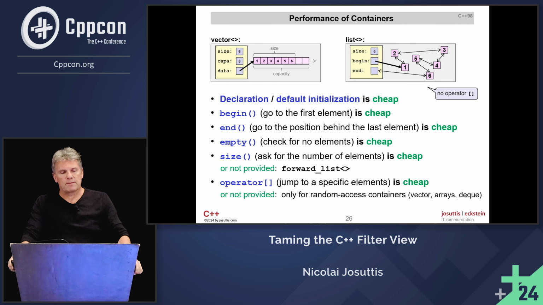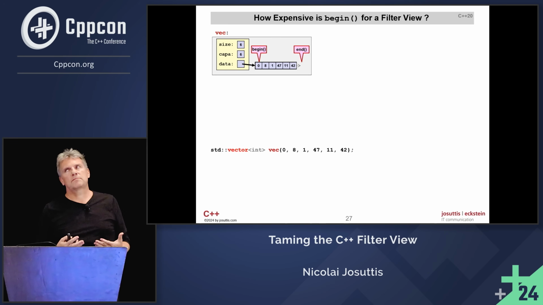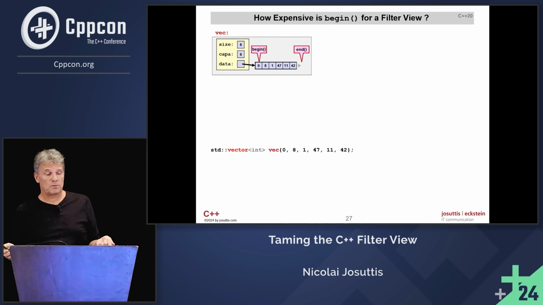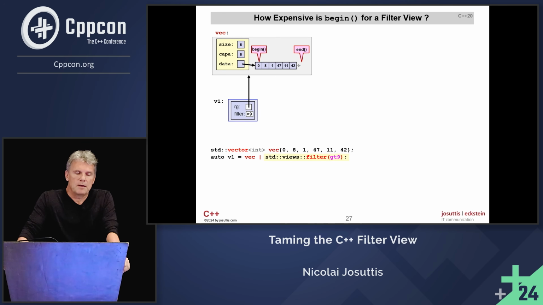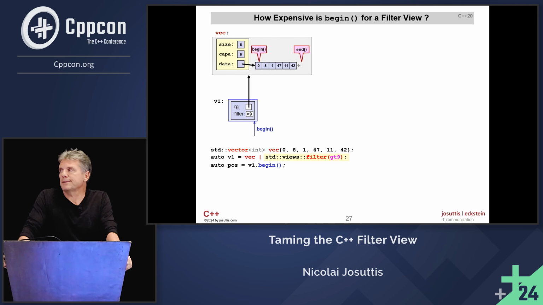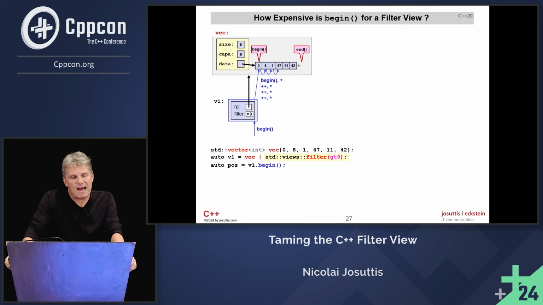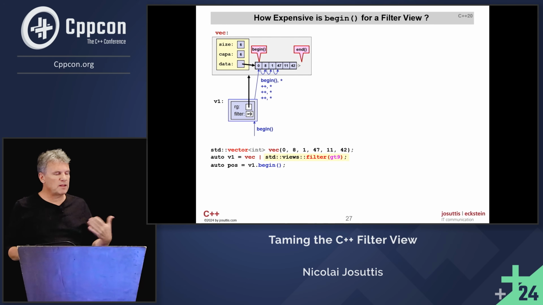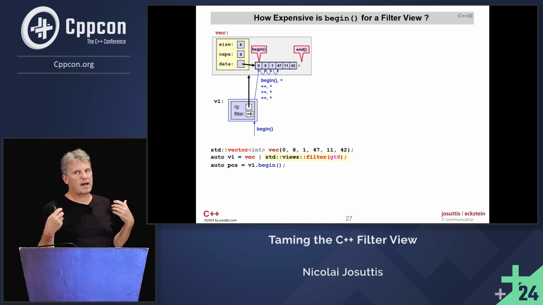Okay, now when we learned that, let's look at what does happen when we use a filter view. Now, assume we have a vector here and we put a filter view on this vector and we call begin. Okay, that's easy. We go to the begin of the filter, but that's not enough because the filter, as you saw, has to double check, is this really the first right element?